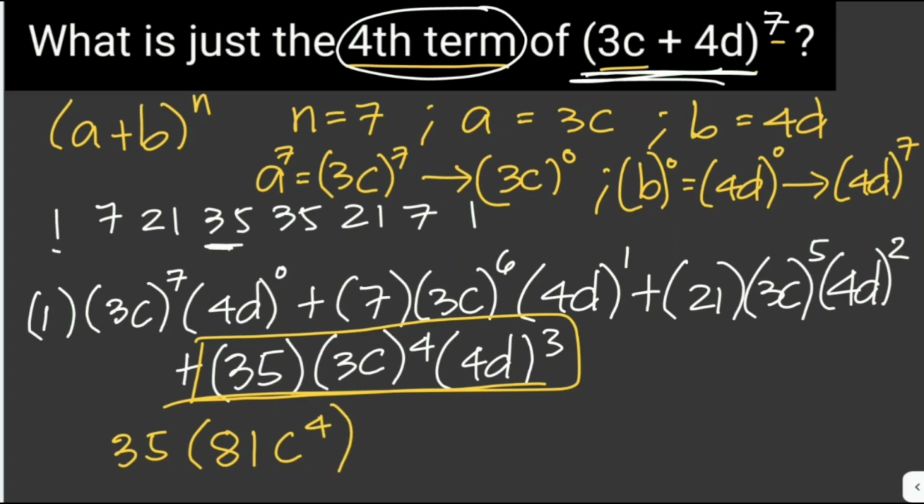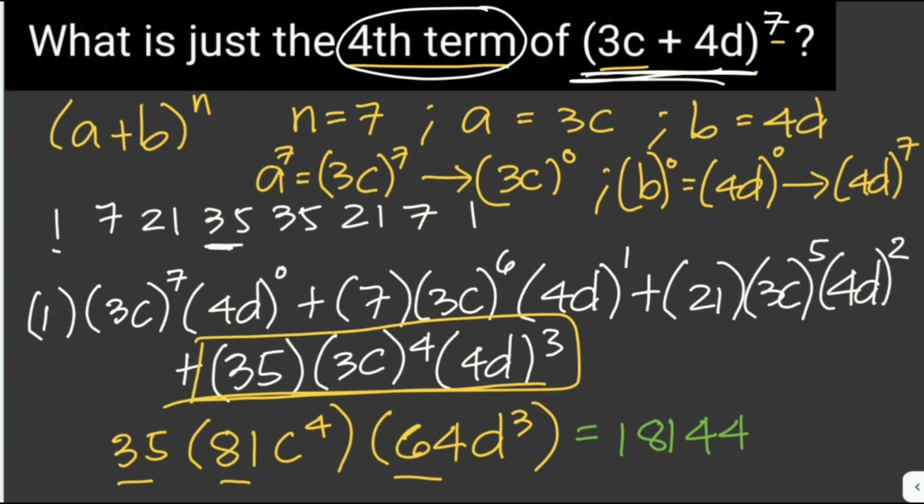And then 4d cubed. 4 cubed is equal to 64. So 64d cubed. And then we multiply 35 times 81 times 64. This would give us an answer that is equal to 181,440c to the fourth d cubed.